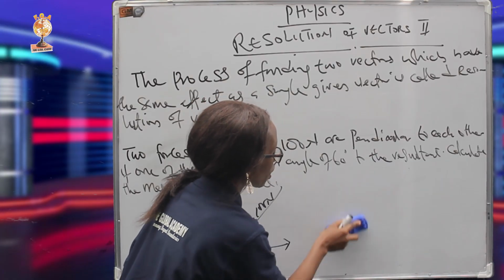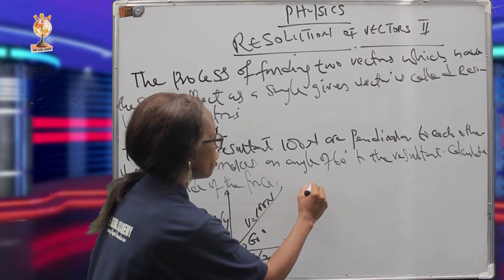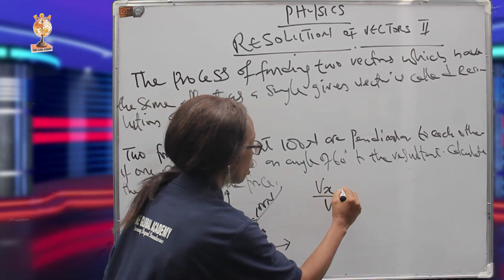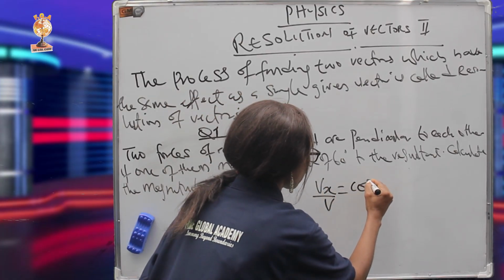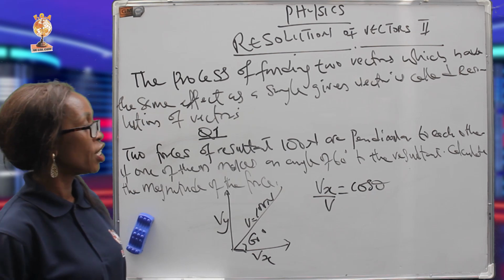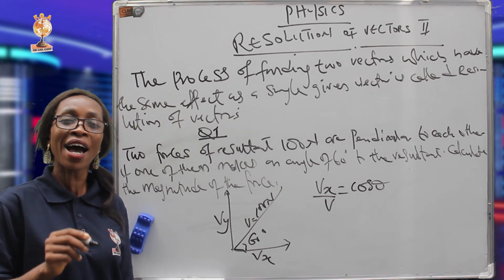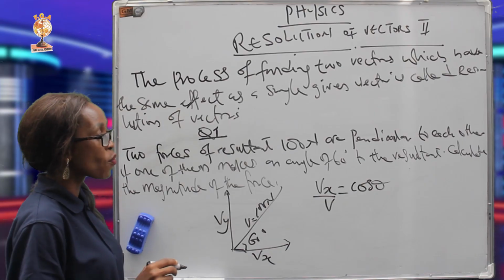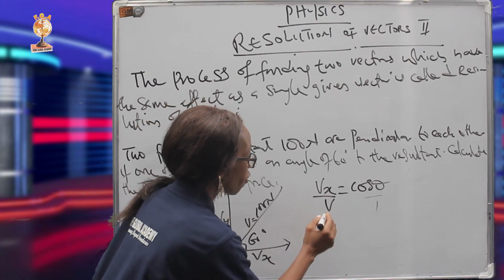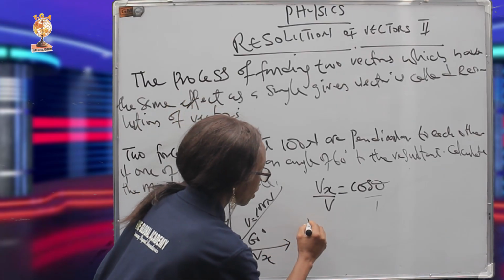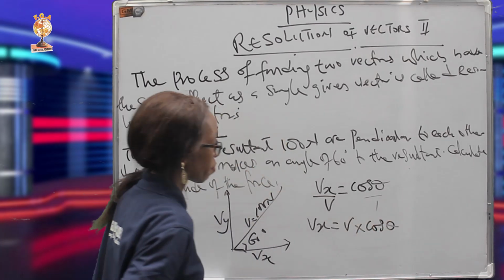So let's go now. In the x coordinates, if you are using trigonometry, we have Vx over V equals cos theta, because all the x coordinates, all the horizontal components, are cos theta.